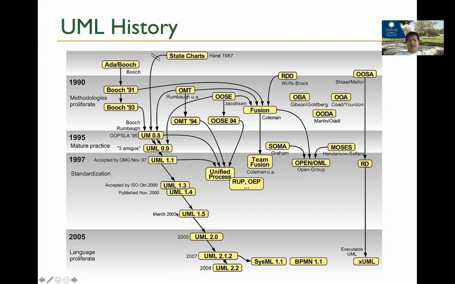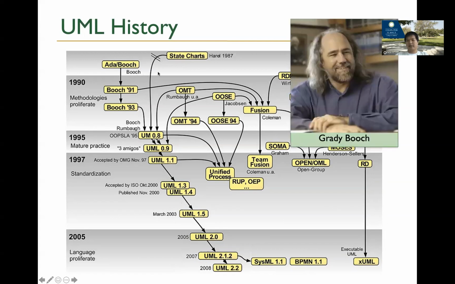One of the most important people is Grady Booch, this guy here. I think he was a very high-level principal engineer at IBM. If you Google his name, you can find a lot of books about object-oriented design and UML diagrams by him.